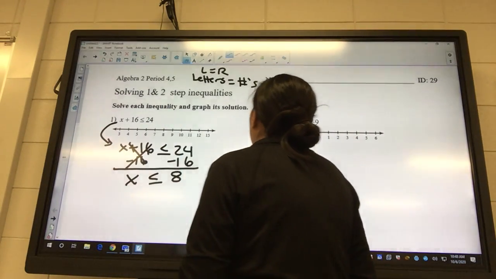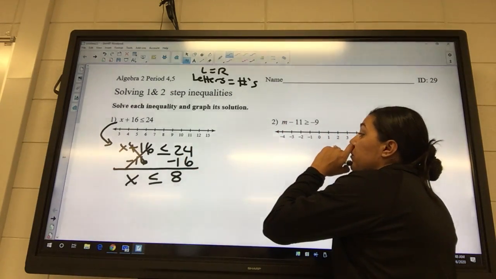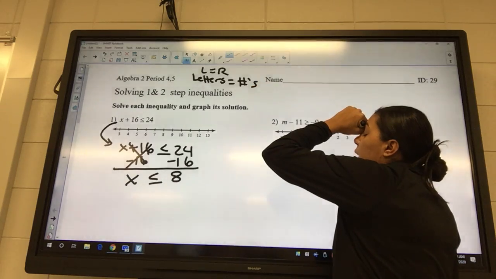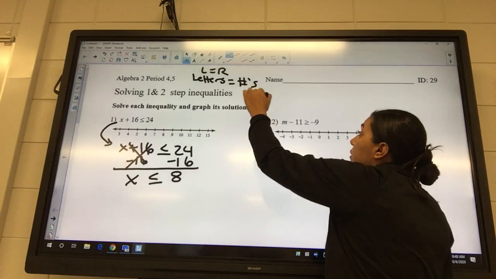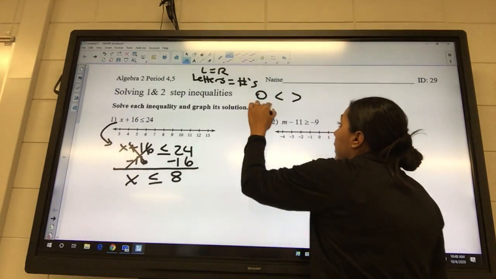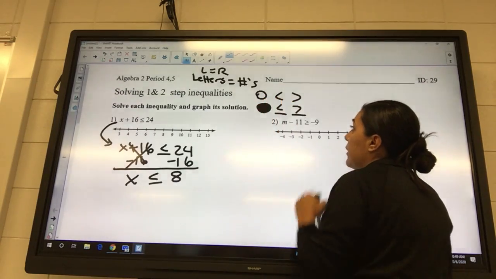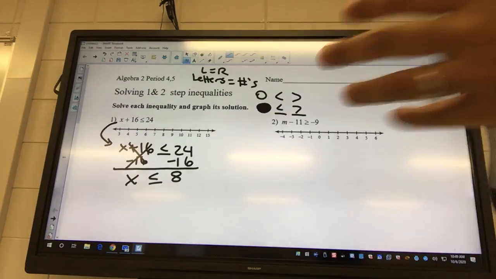Should that be an open dot or a closed dot? Open. I forgot. Okay, so an open is going to be the less than or greater than, and the closed is one where it's going to have a line underneath of it, so the less than or equal to, greater than or equal to.